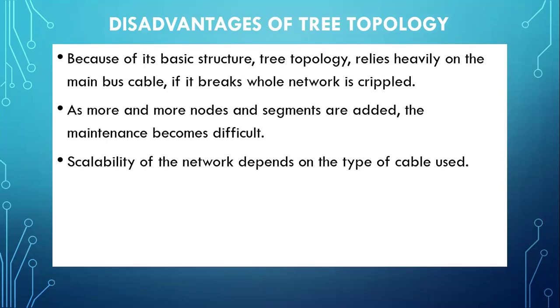In terms of the disadvantages of the tree topology, because of its basic structure, this topology relies heavily on the main bus cable. So if it breaks, the whole network is crippled. Due to the dependence on the main bus cable, or the main controller or manager, if it breaks, the whole network is crippled or just stops working.